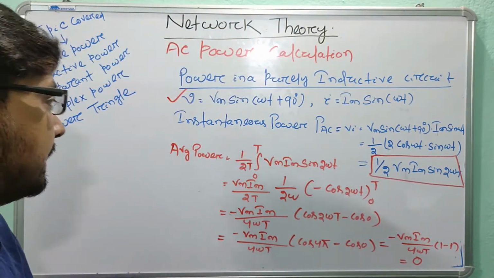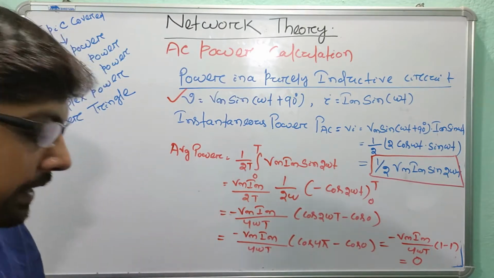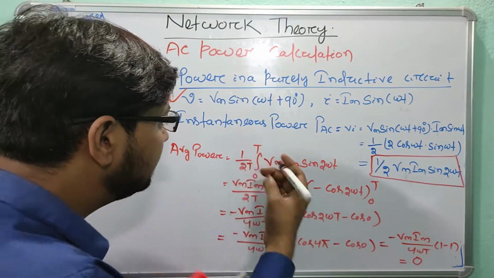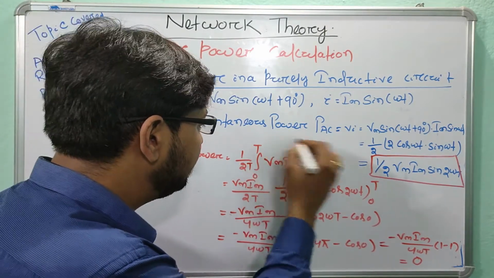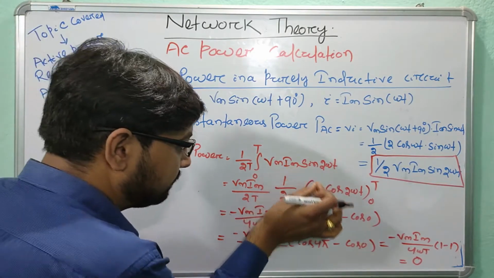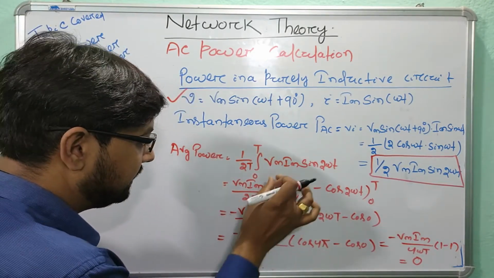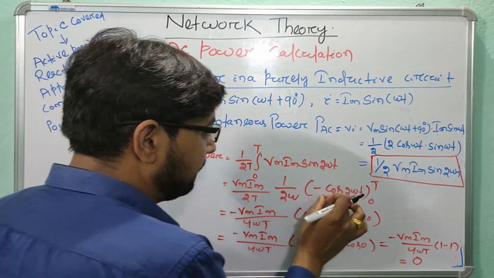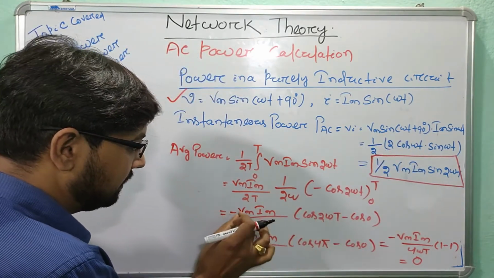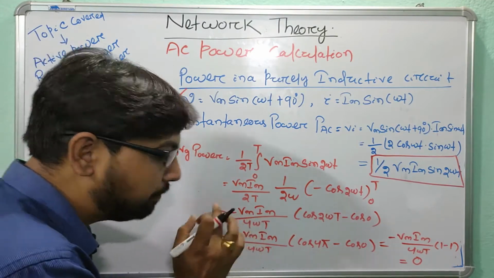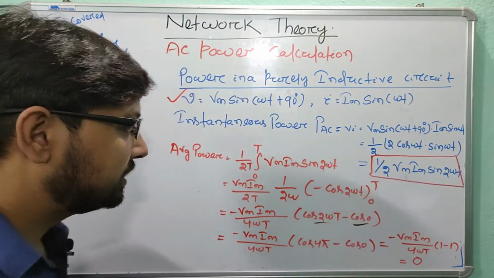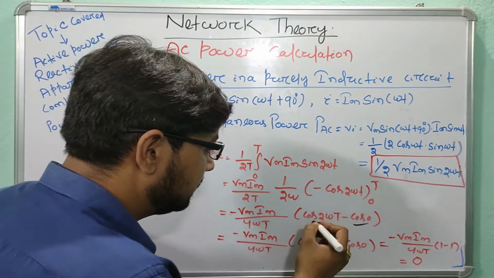Now what is my average power, also known as active power? That is 1 by T, integration from 0 to T of half Vm Im sin 2 omega t dt. If I express this, then Vm Im by 2T times (minus cos 2 omega t by 2 omega), from 0 to T. Now it is converted to minus Vm Im by 4 omega T times (cos 2 omega T minus cos 0), upper limit minus lower limit.